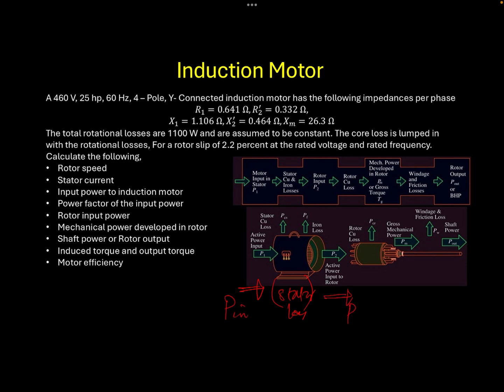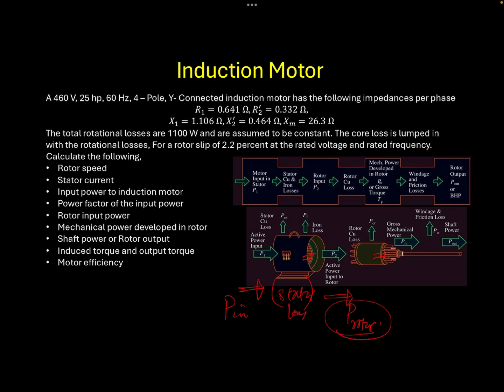So you call this the power that is going to the rotor, but this is also what we call the power that is crossing the air gap, because usually between the stator and the rotor there is an air gap, and the amount of power that has gone to the rotor is nothing but the amount of power that is crossing the air gap.